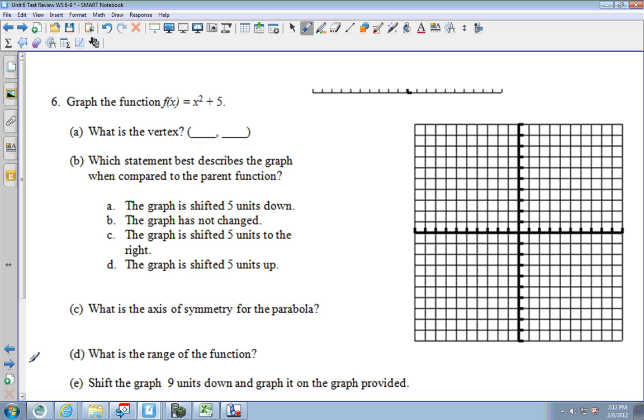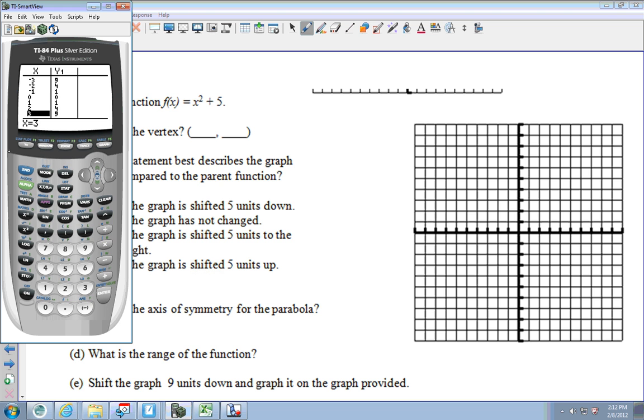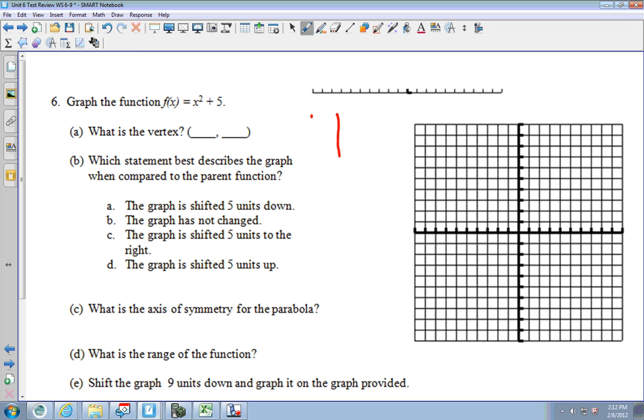Next, graph the function. It says f of x equals x squared plus 5. Well, we can go over here. I can go into the calculator, put in x squared plus 5. There it is, plus 5. Second graph. I can look and see. If I wanted to make a little table, it might be a little easier if you need to sketch that.